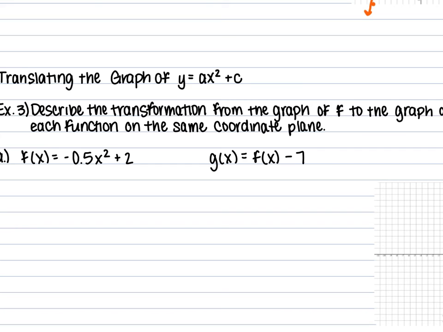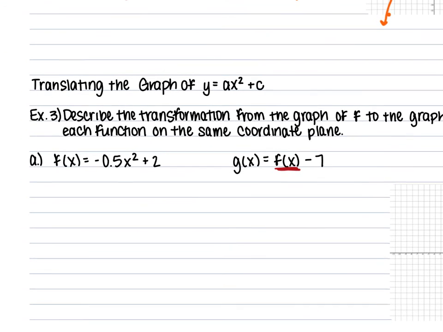So they tell us that g of x is equal to f of x minus 7. However, they give us f of x is equal to negative 0.5x squared plus 2. So we are just going to take this negative 0.5x squared plus 2 and plug it in where you see the f of x in g of x.